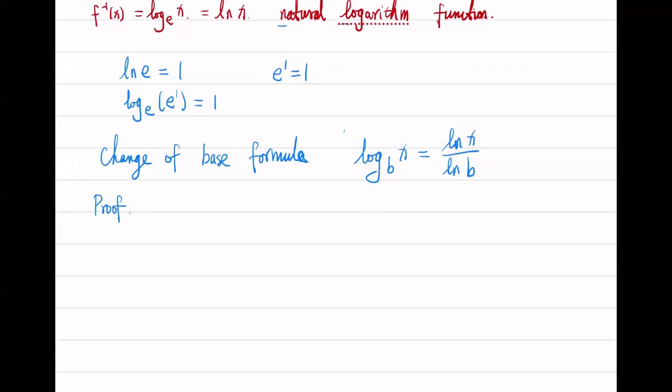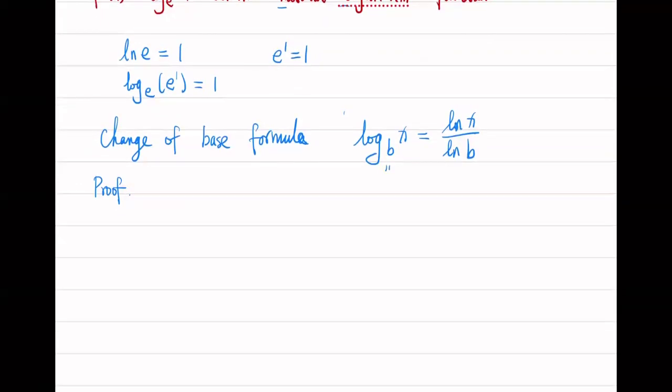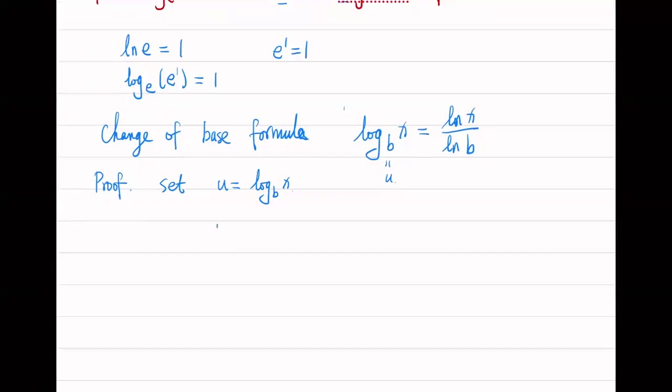Okay, so we don't know what this is. Let's introduce a number, u, so that b to the u is x. Okay, so from the definition, the logarithm is the inverse function. Very simple.